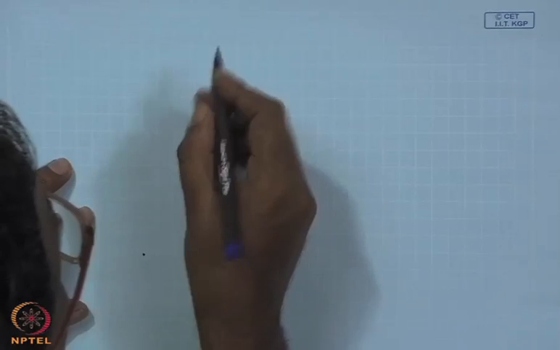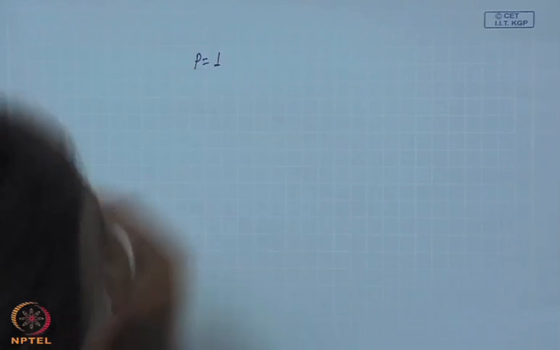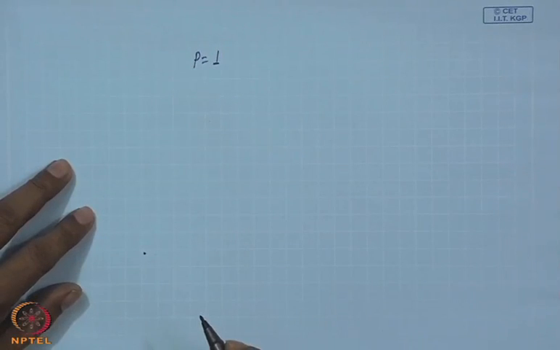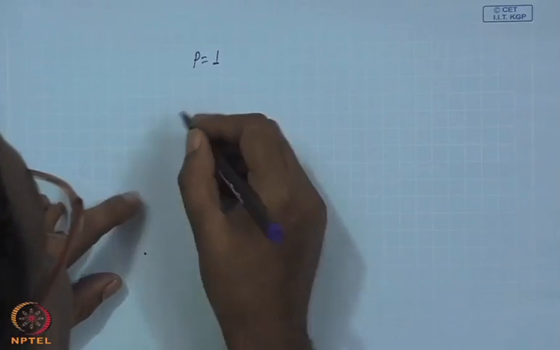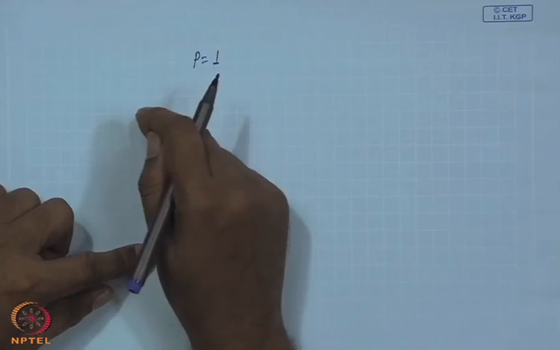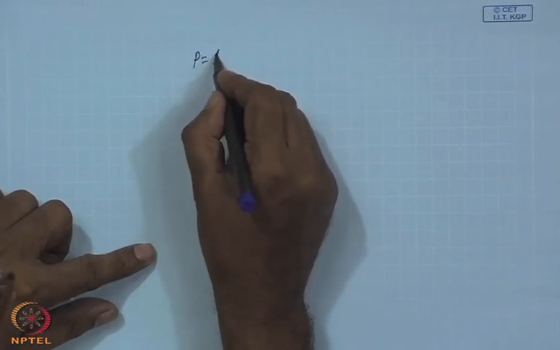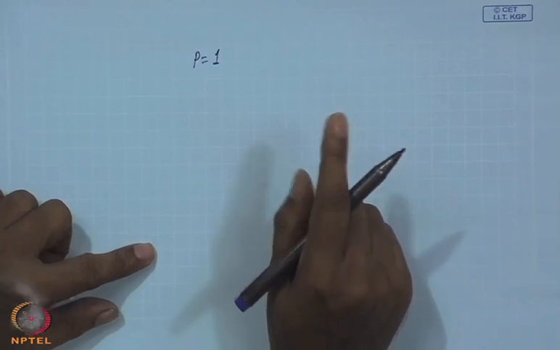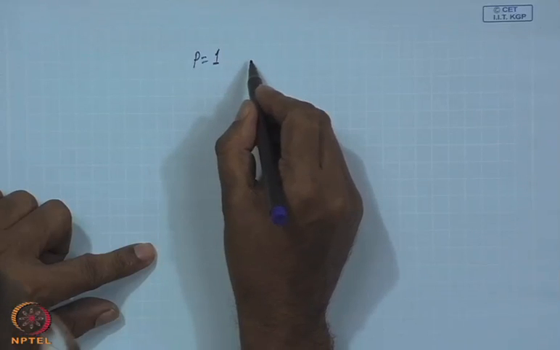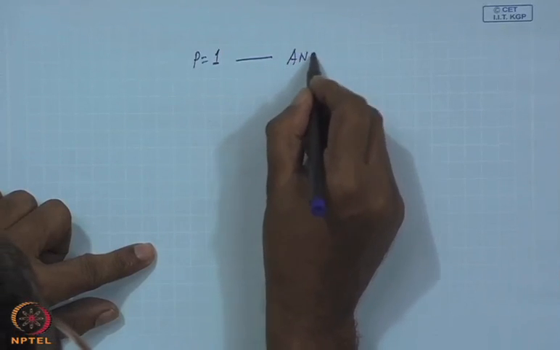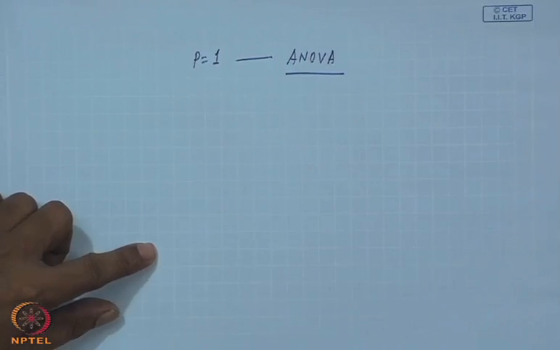In this case, we will first consider the univariate issue, that means we are interested in the P equal to 1 case, and when we test the equality of several population means for one response variable, the technique used is ANOVA, analysis of variance.